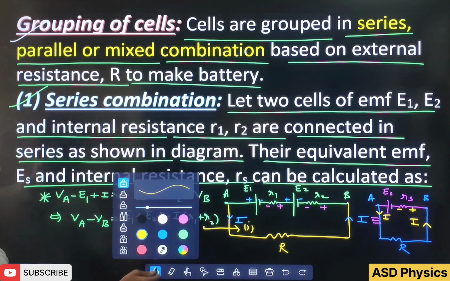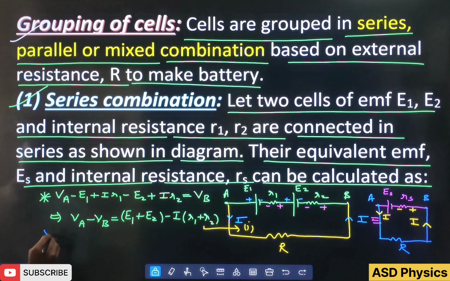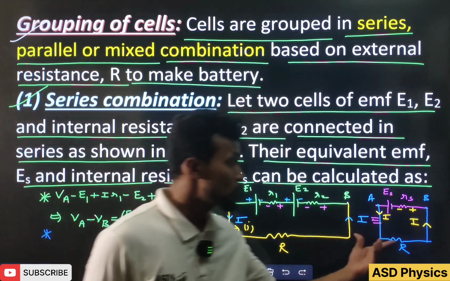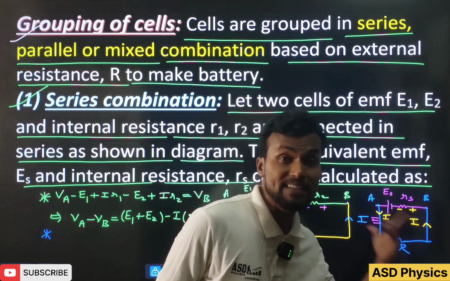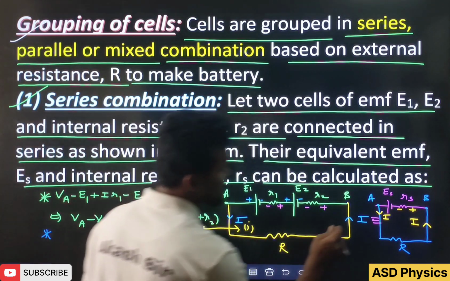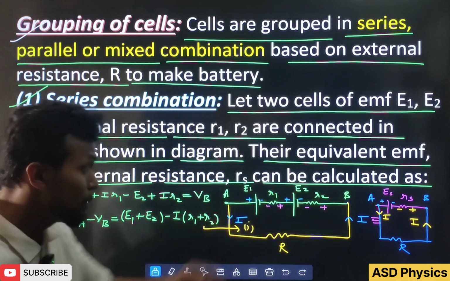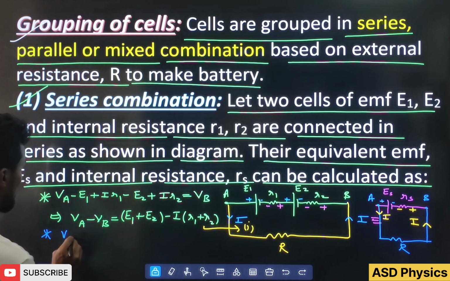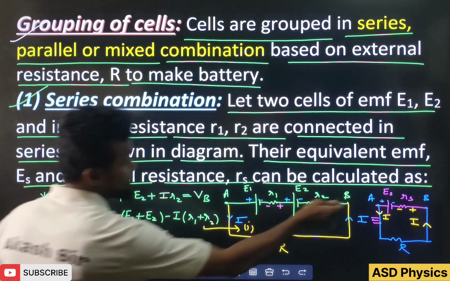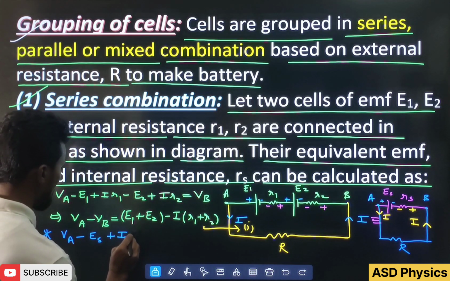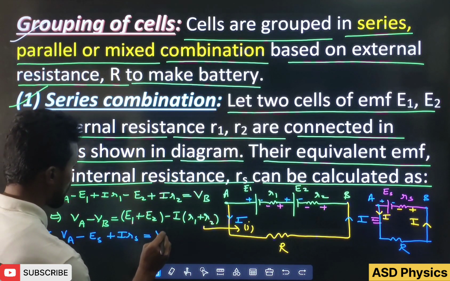Similarly, the next one we are going to see. Now we are going to use the KVL in this equivalent circuit diagram. Here, you know very well, this is plus, this is minus, long line plus, short line minus. So VA minus Es, second polarity always plus IRs, is equal to VB.